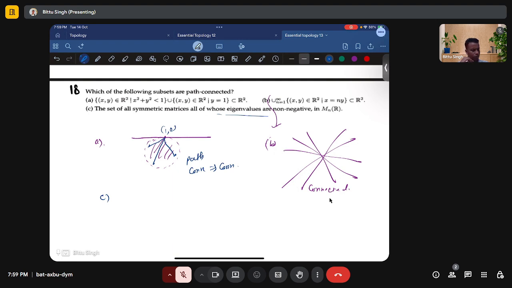So how can we do this? Here we are considering symmetric matrices with positive eigenvalue.